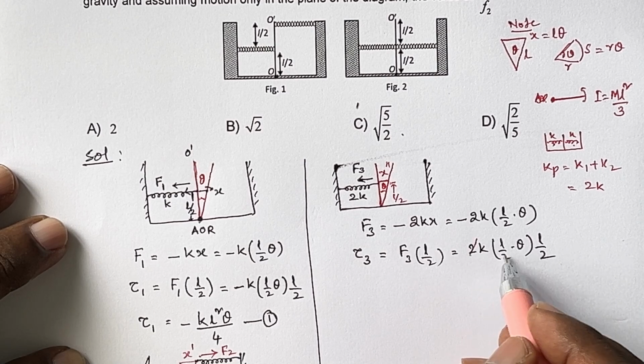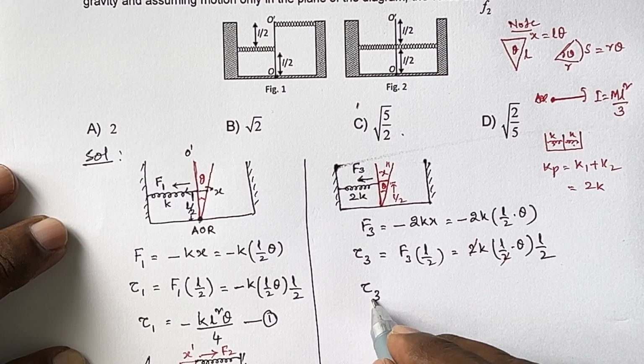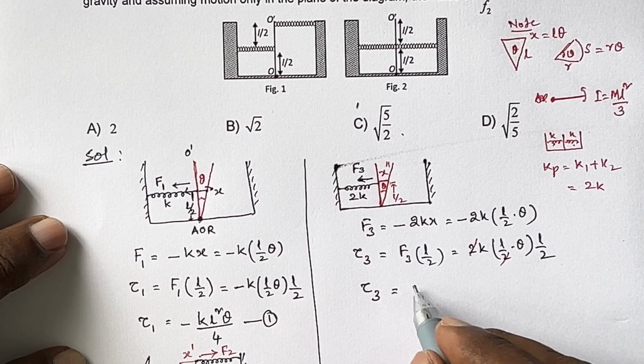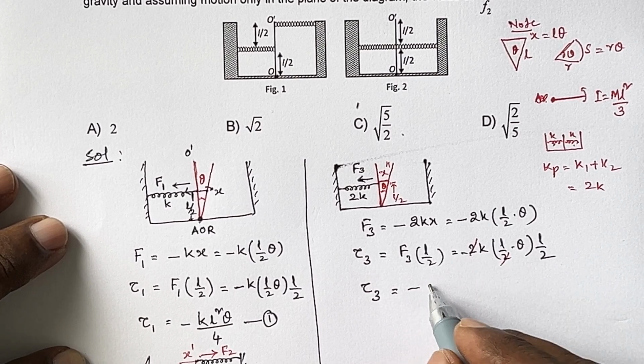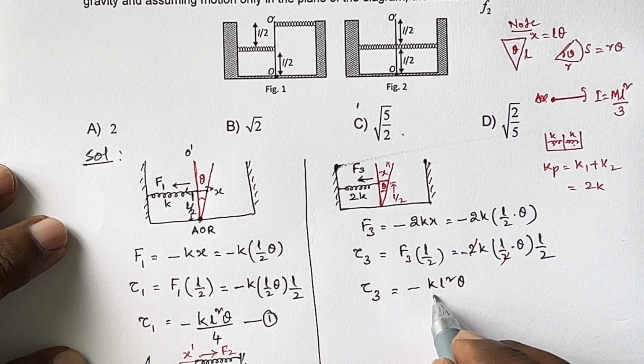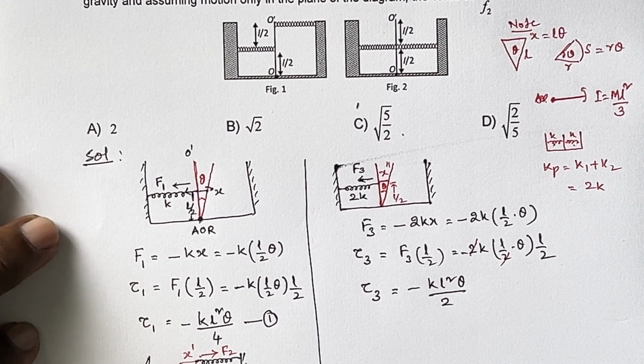So the 2 and 2 cancel. So tau 3 is equal to, how much did I get? Minus kL squared theta by 2. This is what we got.